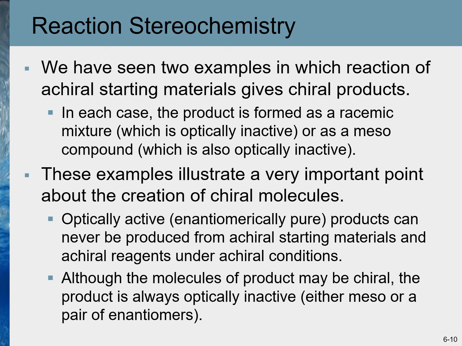However, there is an important distinction. We know that meso compounds, although they have chiral centers, they are optically inactive. Okay, and a racemic mixture of R and S is also optically inactive. So this illustrates a very important point about creation of chiral molecules.